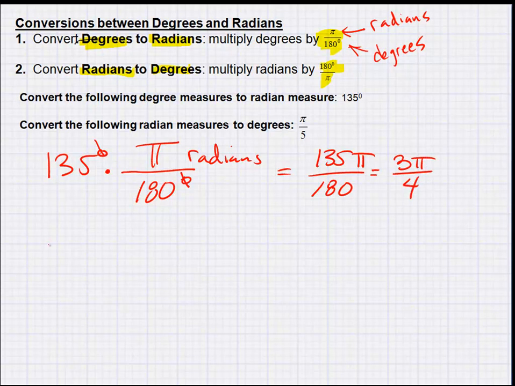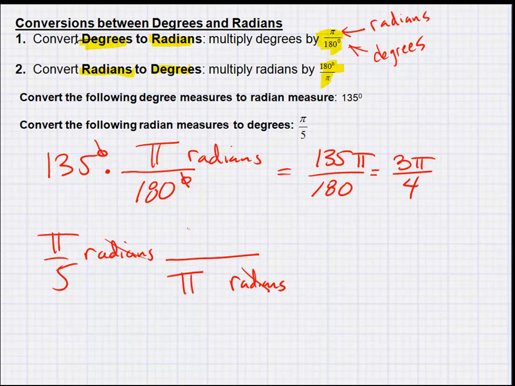If I want to do the other way, I have pi fifths, which is a radian measure, and I want to convert that to degrees. I want radians to cancel, so I want radians in the denominator, which tells me pi has to be in the denominator. The 180 goes on top, so I'm left with degrees. So I end up with 180 over 5 degrees.